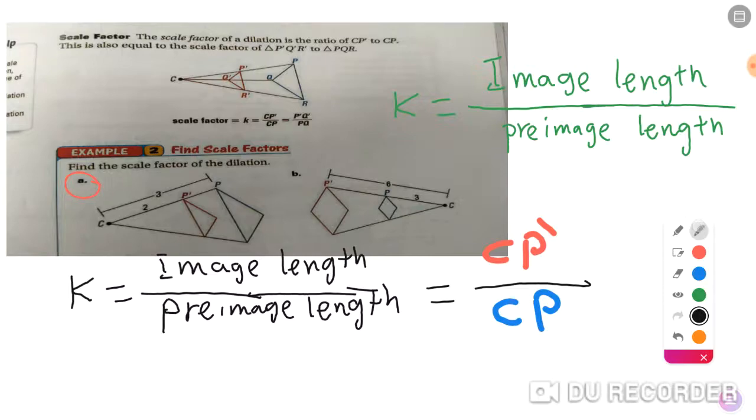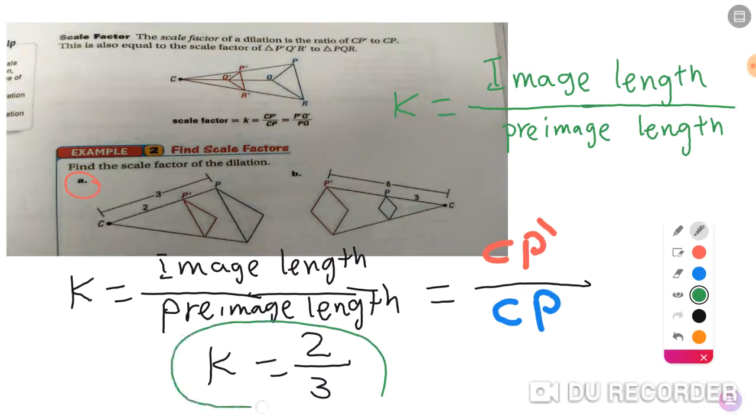So I can say that k equals CP prime, which is the image length, equals 2, and CB, which is the pre-image length, equals 3. So the scale factor, guys, equals 2 over 3.